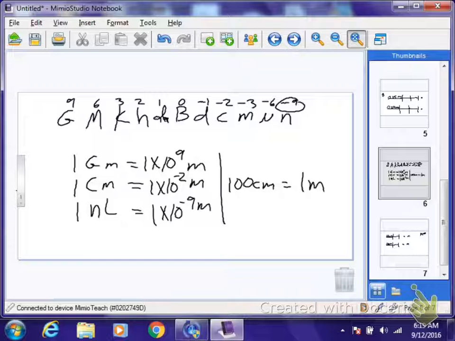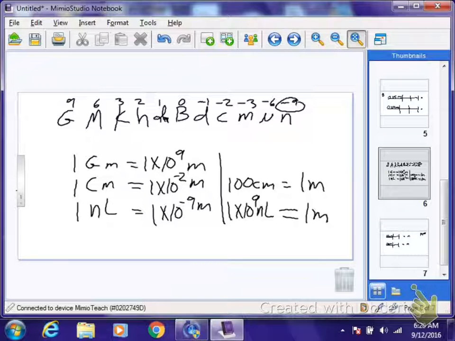We could do this next one by switching the number, putting a 1 in front of meter, where then we just switch the sign to nanoliters, and it'd be 1 times 10 to the 9th nanoliters. So you can switch that negative sign into a positive sign if you put a 1 in front of the base unit in this case.